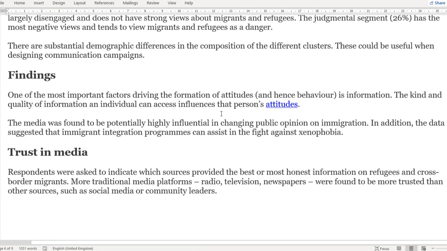Findings. One of the most important factors driving the formation of attitudes and hence behavior is information. The kind and quality of information an individual can access influences the person's attitudes. Right, so the more information that you can gain from someone will sort of determine their attitude towards it.